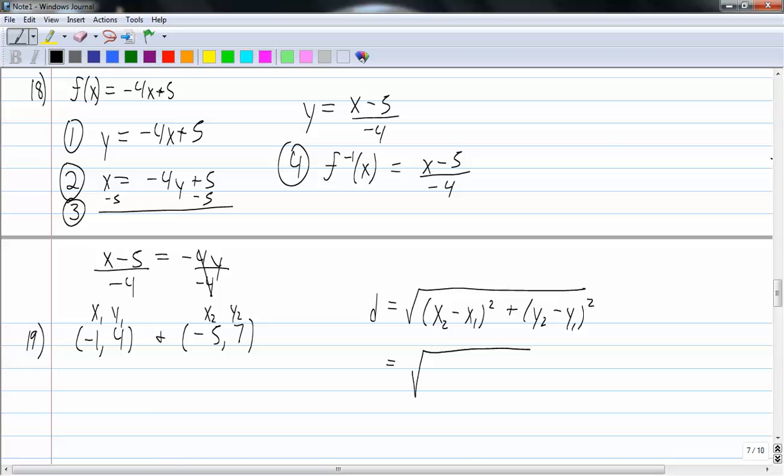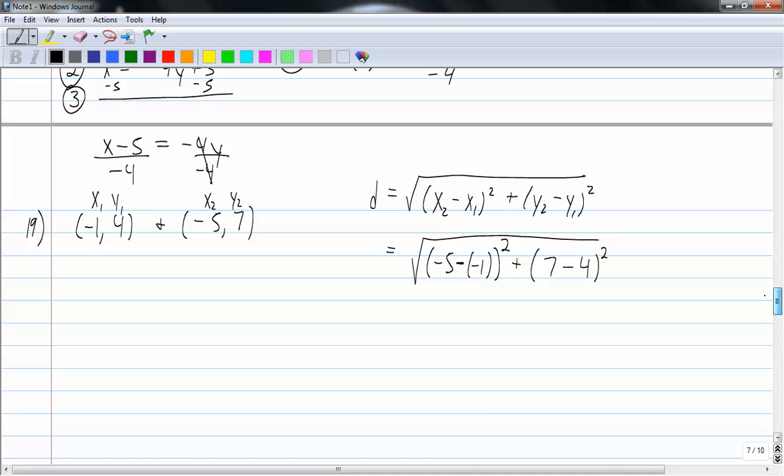It's going to be the square root of x sub 2 is -5 minus x sub 1 is -1 squared plus y sub 2 is 7 minus y sub 1 is 4 squared. Don't forget to leave the squares off. All right, that's very, very important. All right, so this is the square root of, anywhere you have minus a negative, put plus a positive.